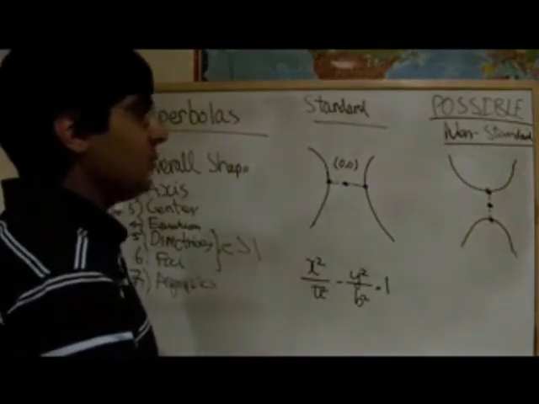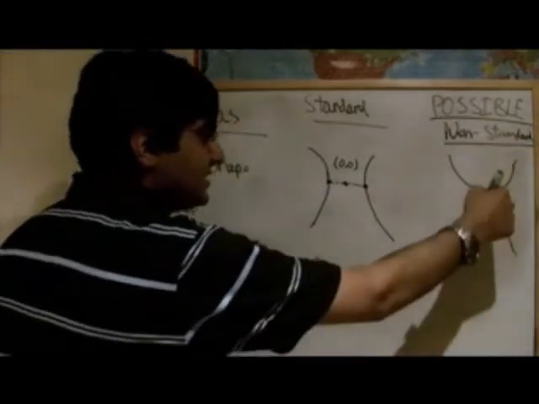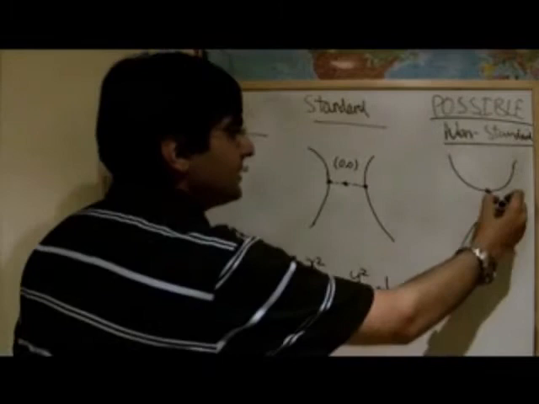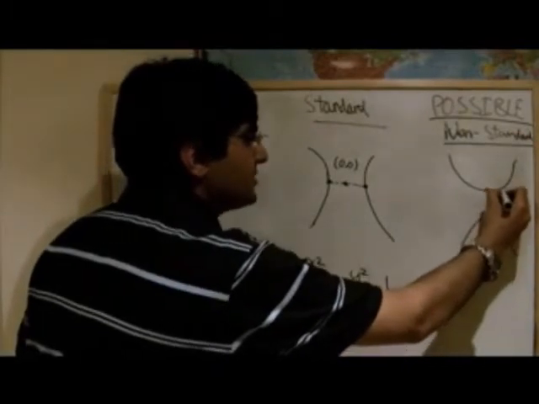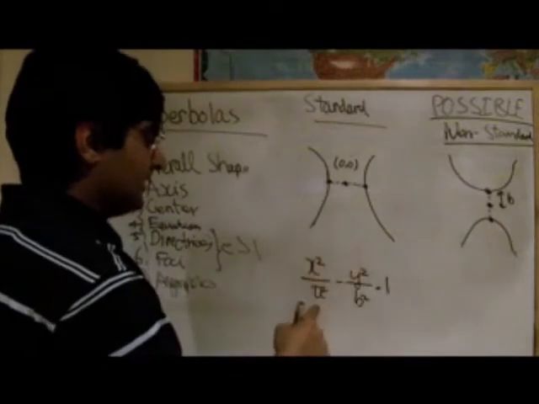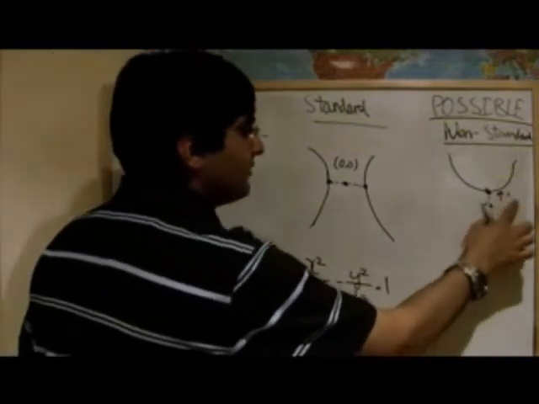In the case where a hyperbola has a vertical axis, like this, b would refer to half the length of the axis. So in this case, b would refer to this distance here. Alright? So in this case, a would be half the length of the axis. In this case, b would be half the length of the axis.